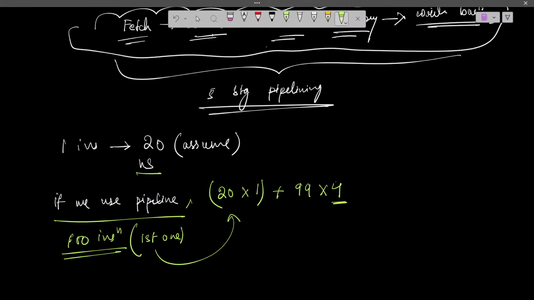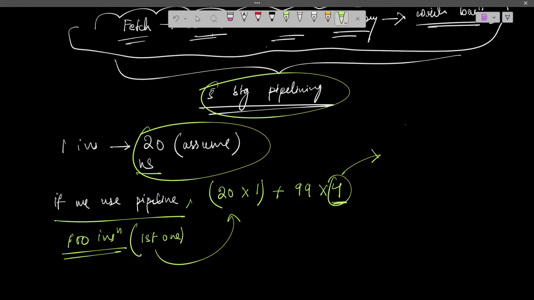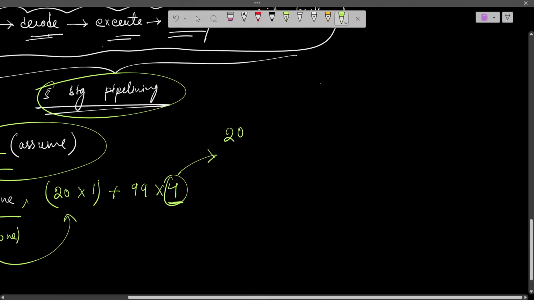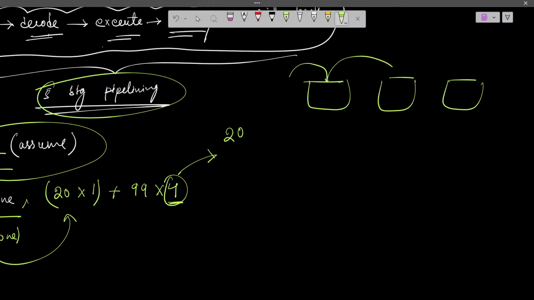Why? Because 20 nanoseconds is for the first instruction and this is a 5-stage pipeline. So all the other instructions don't need to take the entire 20 nanoseconds, because remember we took the bucket analogy. The first one needs to go from this to this, then this, but after that person 1, person 2 are there to help.